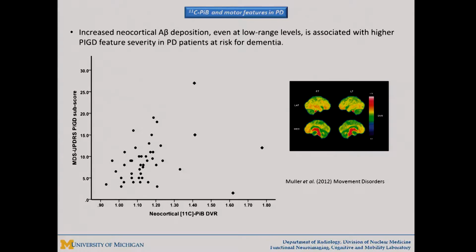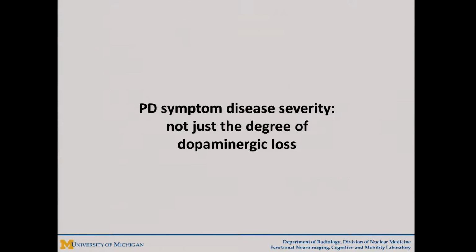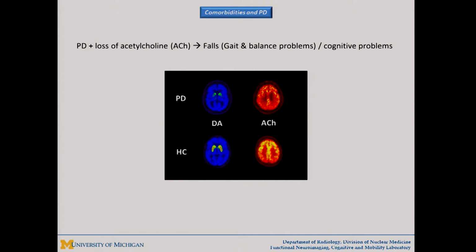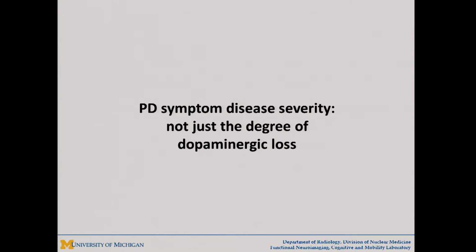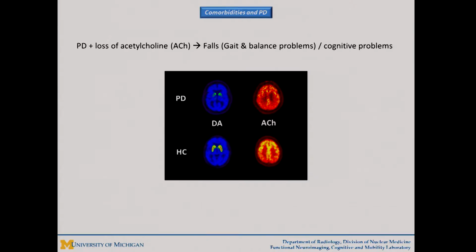This is actually part of a larger message that I'm going to try to convey in the next few slides. So Parkinson's disease, symptom disease severity, is not just the degree of dopaminergic loss. We saw that, so I already showed you that acetylcholine actually plays a role in that as well. So if you have Parkinson's disease, loss of dopamine plus loss of acetylcholine, then you might have falls and gait and balance problems and cognitive problems.